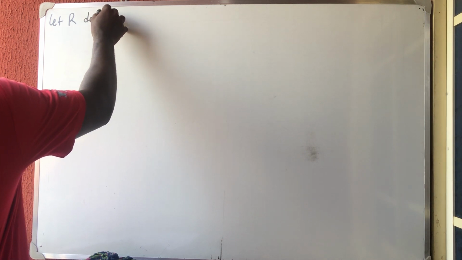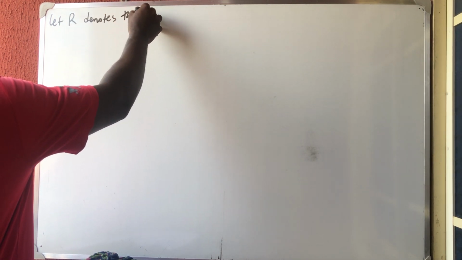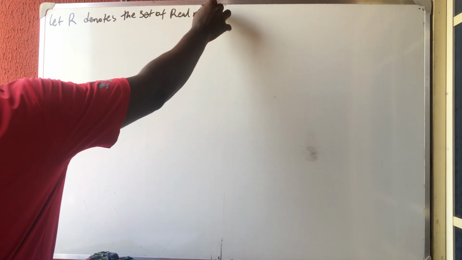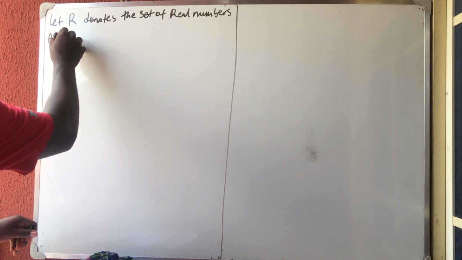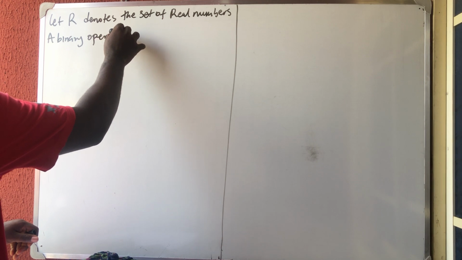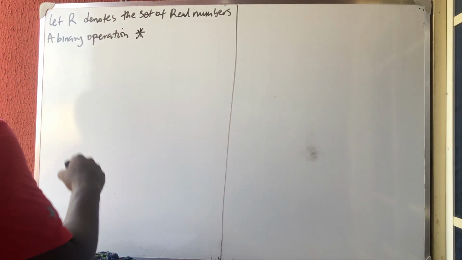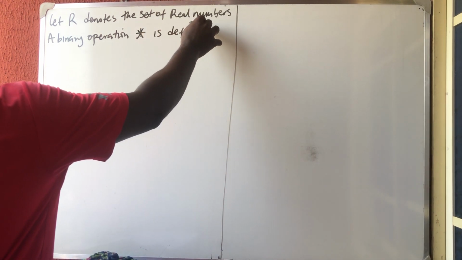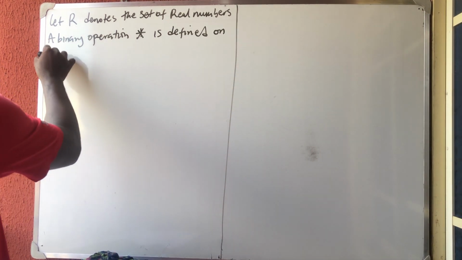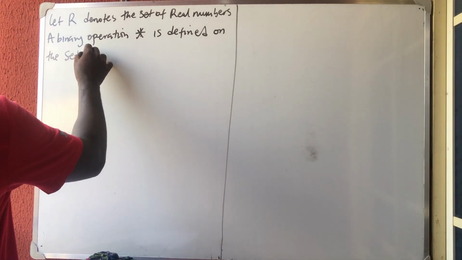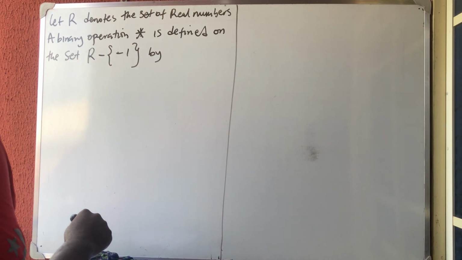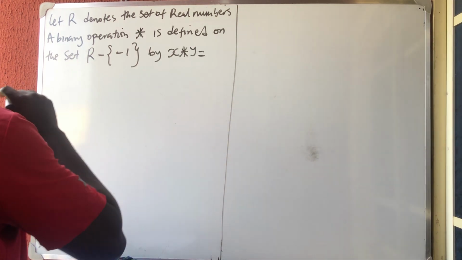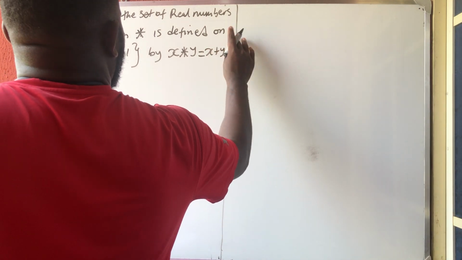This one said, let R denote the set of real numbers, a binary operation star is defined on the set R minus 1 by x star y, which is equal to x plus y plus xy.